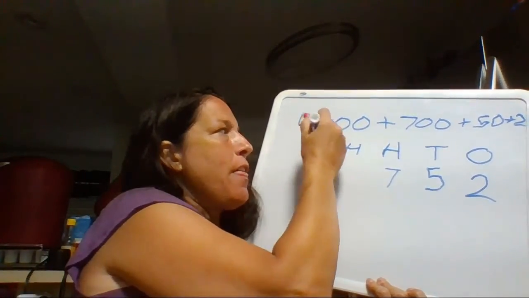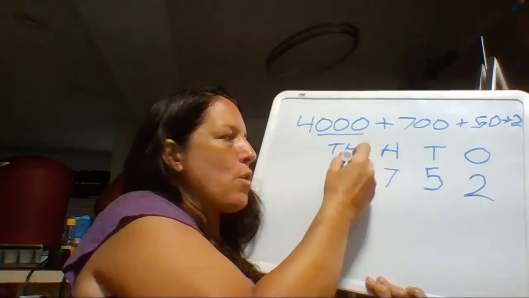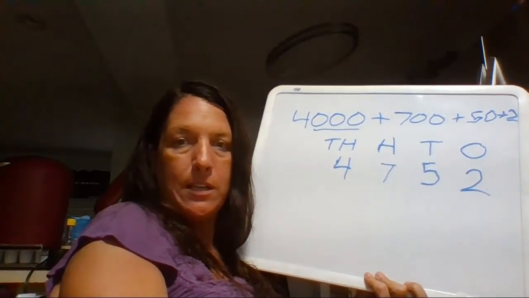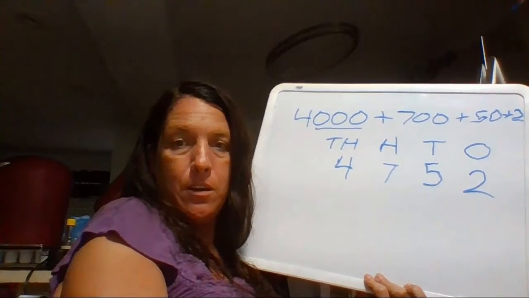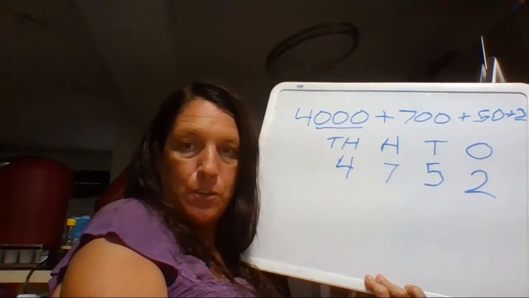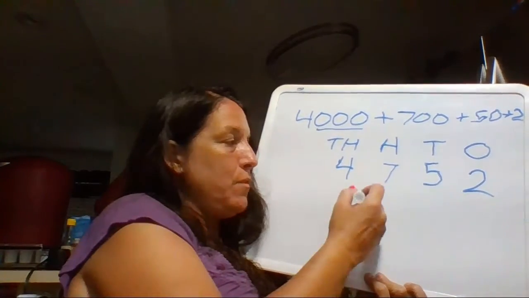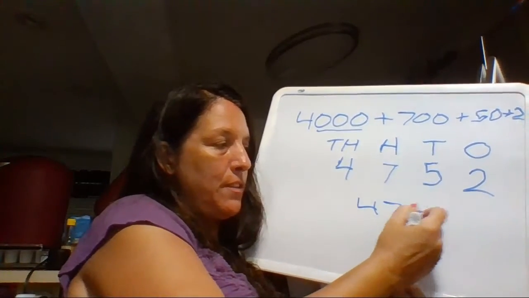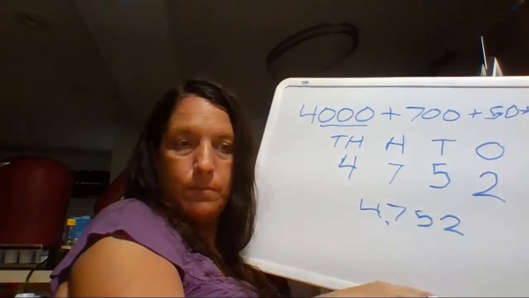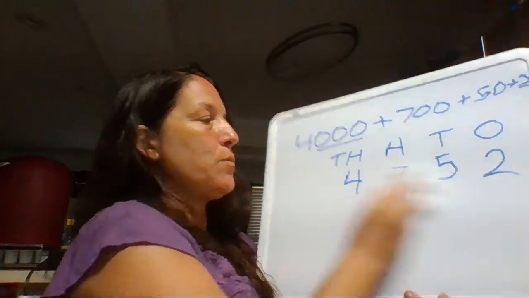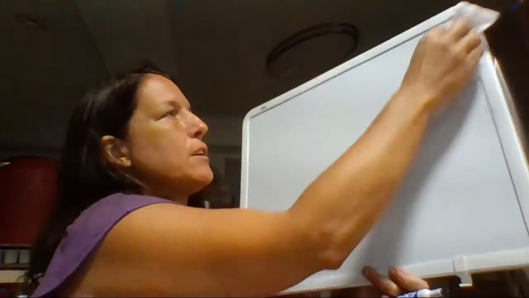And 4,000. We'd need 4,000 blocks to show 4,000. And there you have it, right there. 4,752. Your answer should have been D, 4,752.